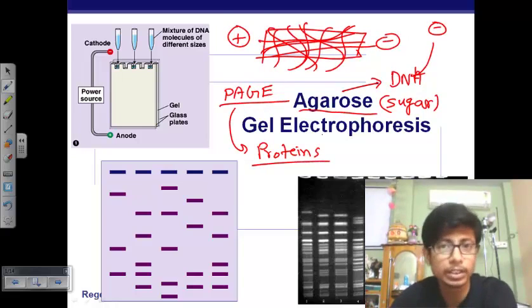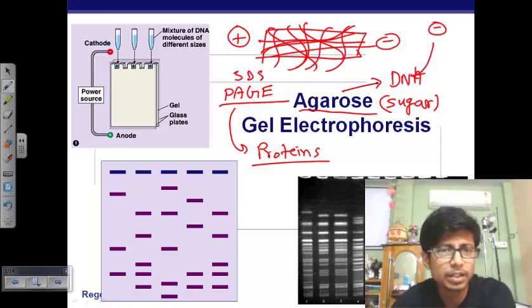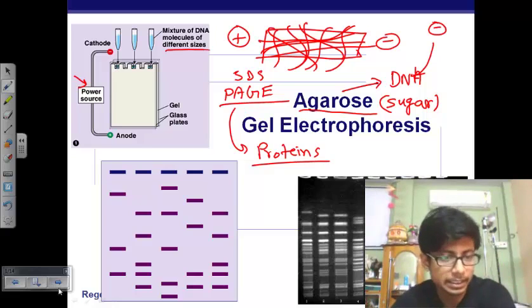We separate proteins based on their molecular weight using polyacrylamide gel electrophoresis, using SDS or sometimes a native process. Here we have a mixture of DNA molecules with different sizes, and we load them in a typical agarose network, then apply the power source, and due to the presence of this electric field, the DNA segments will move. Let's see the details in the next slides.